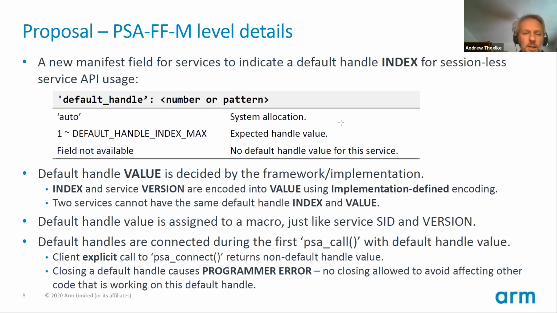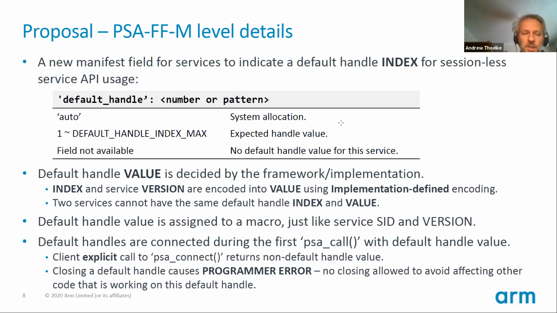And the proposal, although this is not necessarily a requirement for the specification, but it appears as if the handles are connected during the first PSA call. So the first time you call with the default handle value, a client will actually make a connection to the service, but it will happen without the client code having to do any of that work.